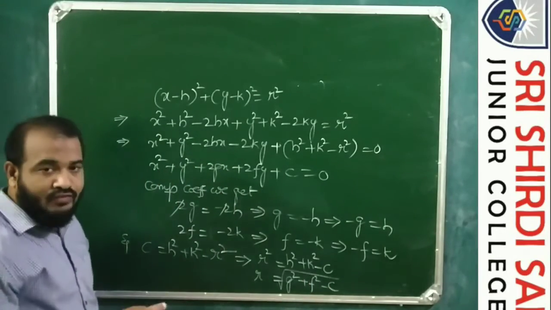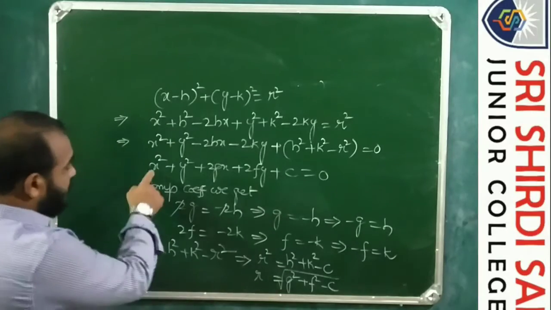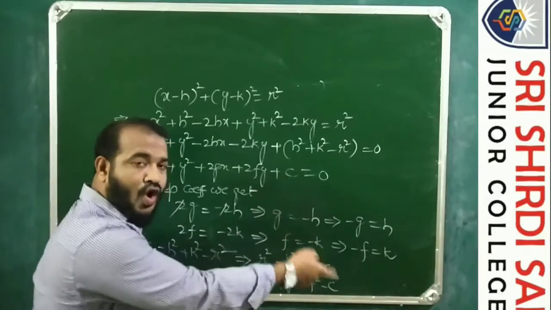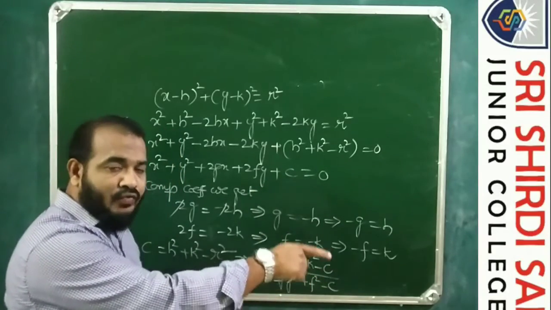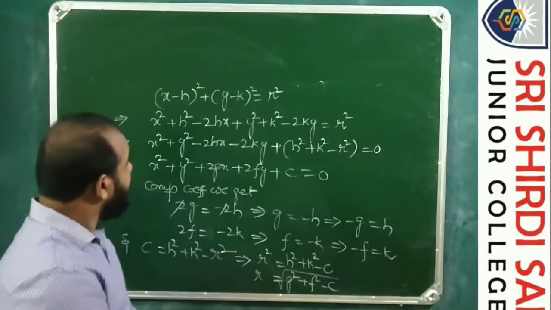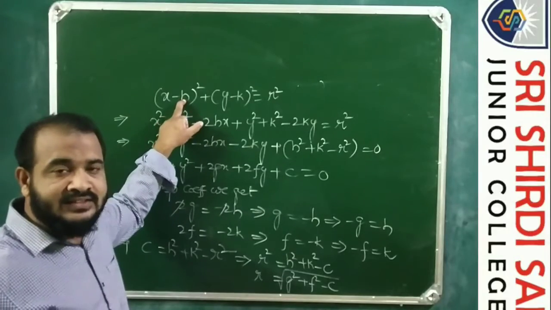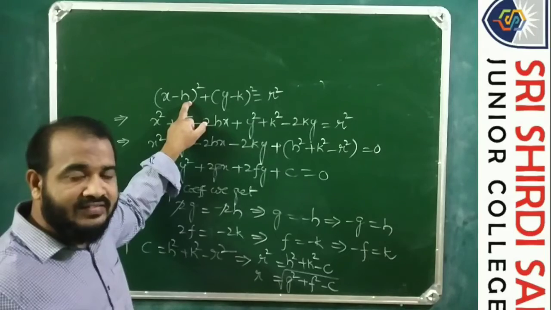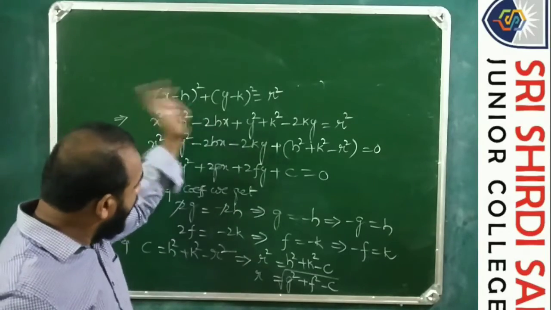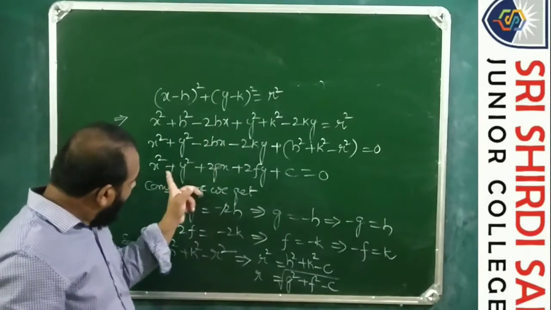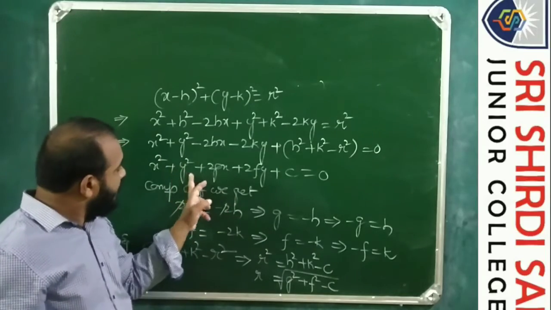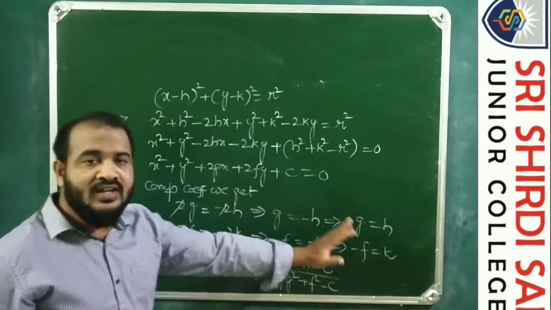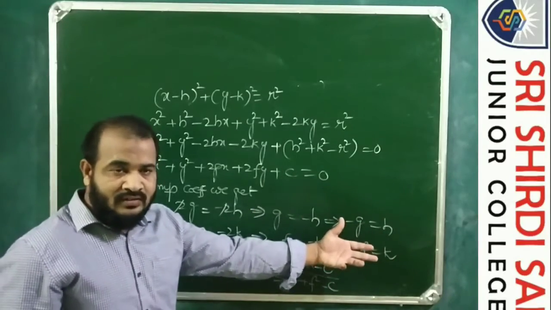Therefore we arrive at the conclusion that x square plus y square plus 2gx plus 2fy plus c is equal to 0 also represents the equation of a circle. Earlier, this was the central form of a circle when the center h comma k and radius r are given. But now x square plus y square plus 2gx plus 2fy plus c equal to 0 also represents the equation of the circle.